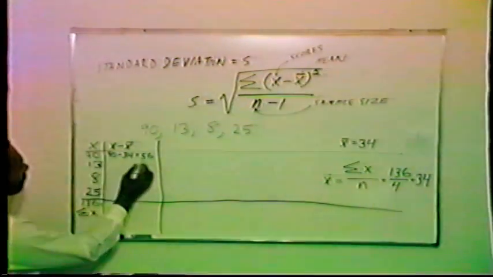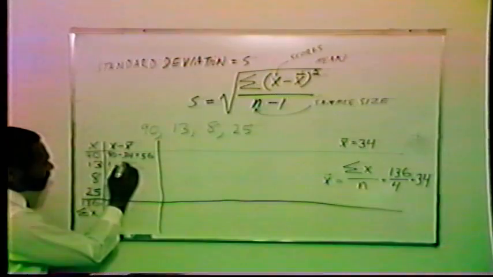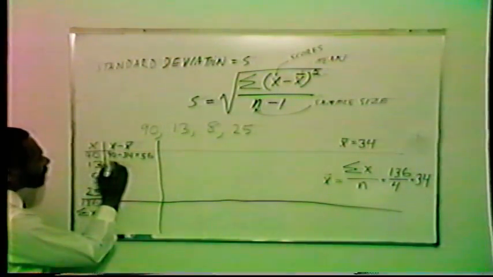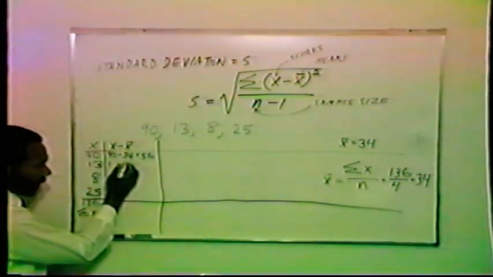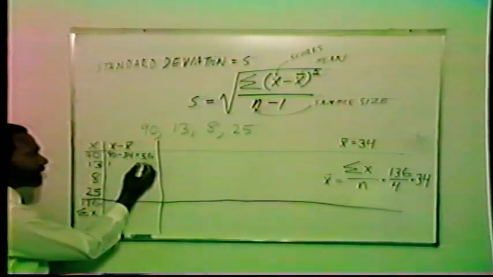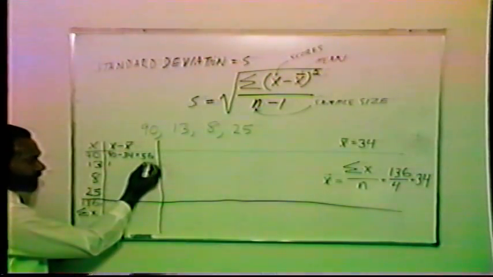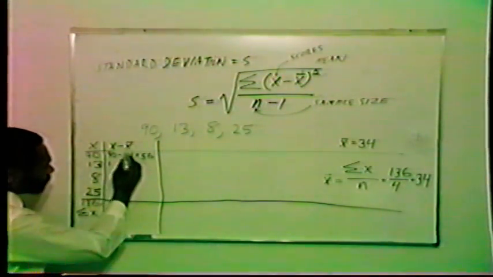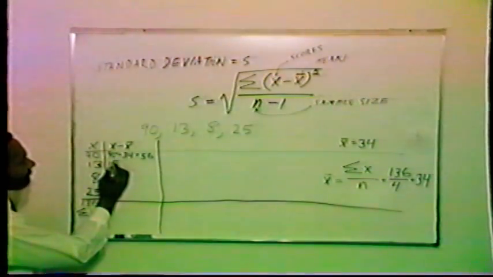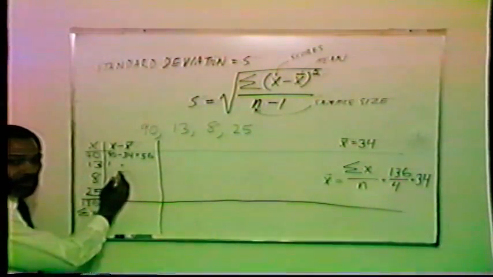In our next row, we would have 13. You see, you're finding out the distance between this score and the mean. The mean was 34. This score is 90. So the difference between those two is 56. So you have to be sure to subtract this properly here. You have the score minus the mean, not the mean minus the score.